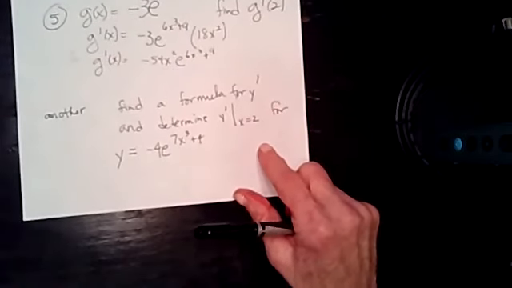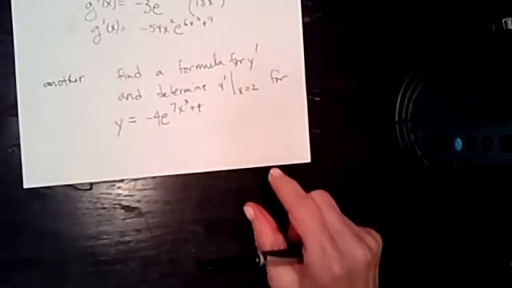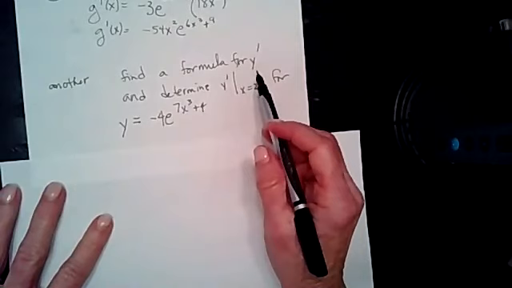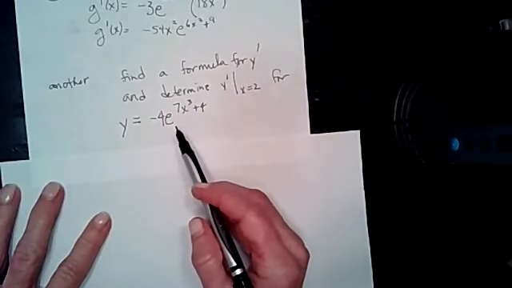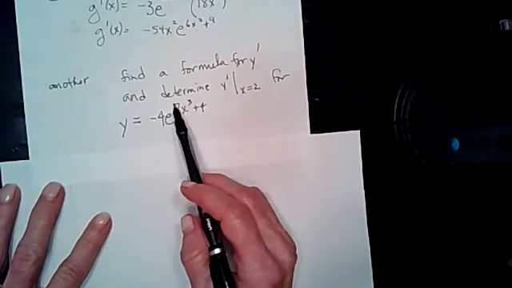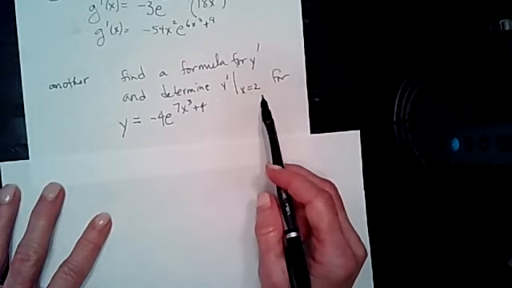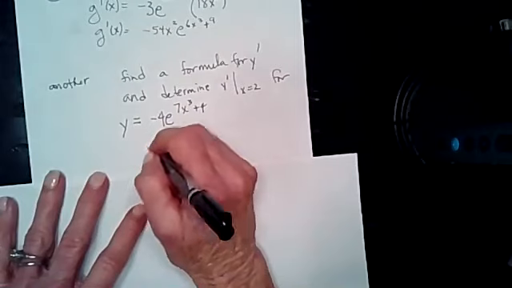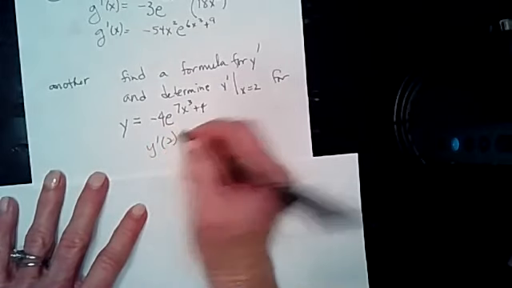It's another version of number 5, but look how they ask for it. They say find the formula for y prime, so they want you to take the derivative and determine y prime when x is equal to 2. That is just another way of saying they want y prime at 2.